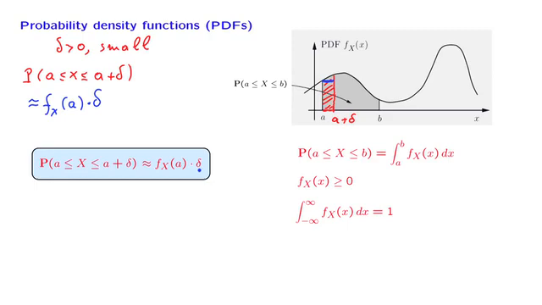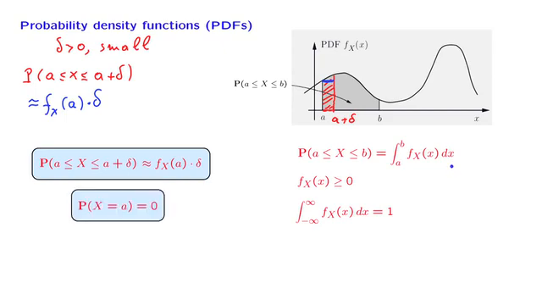Now, if the probability per unit length is finite and the length delta is sent to 0, we will get 0 probability. More formally, if we look at this integral and we let b be the same as a, then we obtain the probability that x is equal to a, and on that side we get an integral over a zero length interval, and that integral is going to be 0.